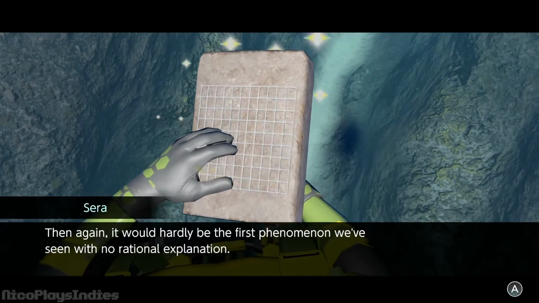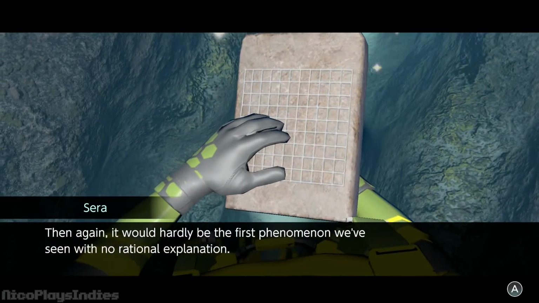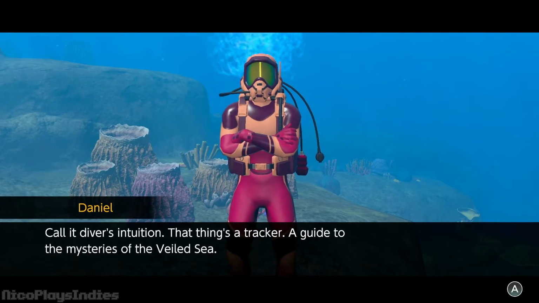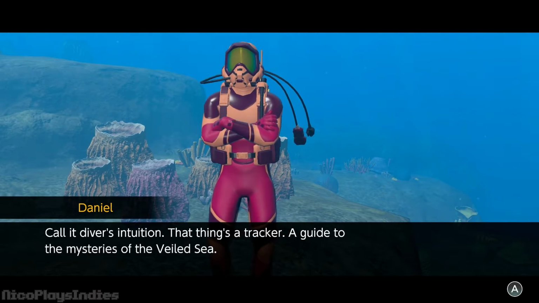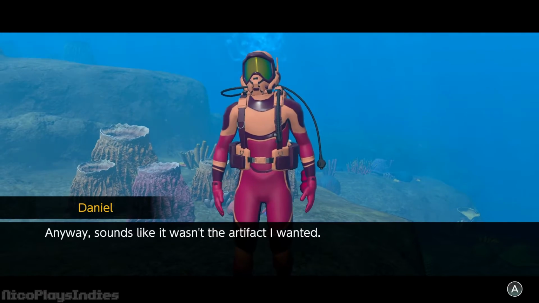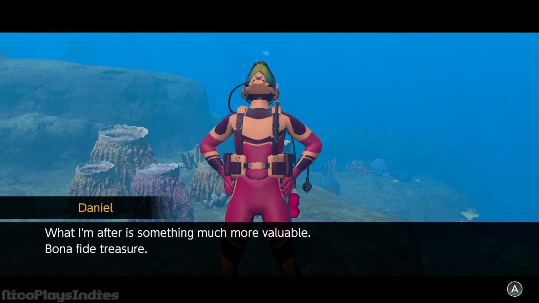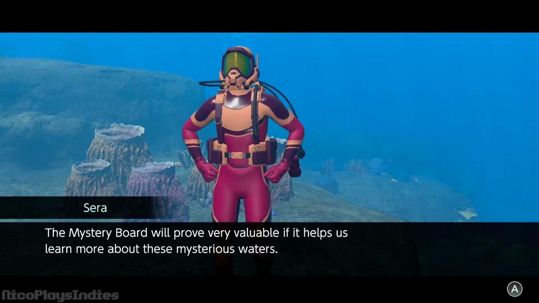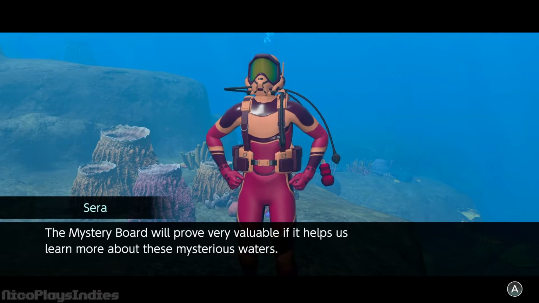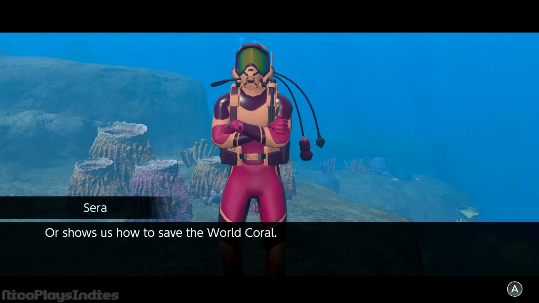Then again, it would hardly be the first phenomenon we've seen with no rational explanation. The mystery board will prove very valuable if it helps us learn more about these mysterious waters, or shows us how to save the world coral.